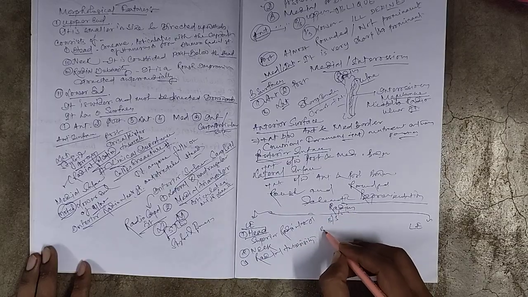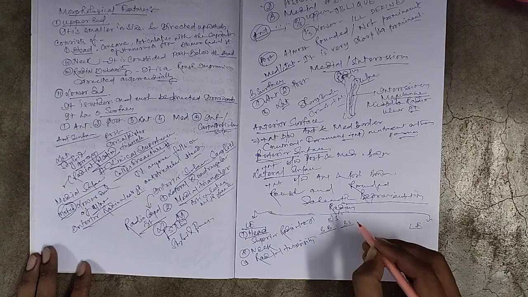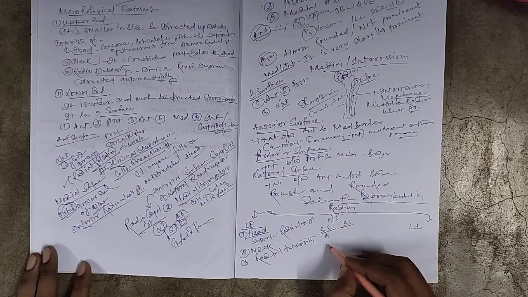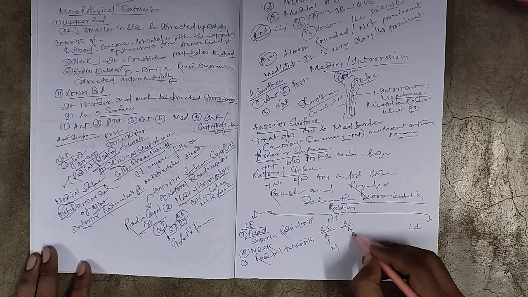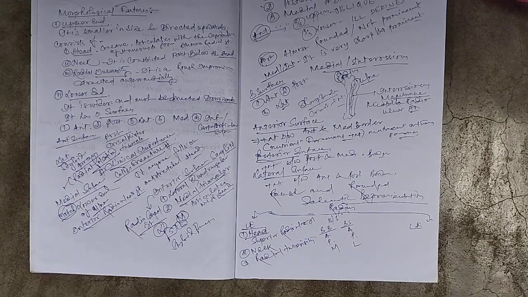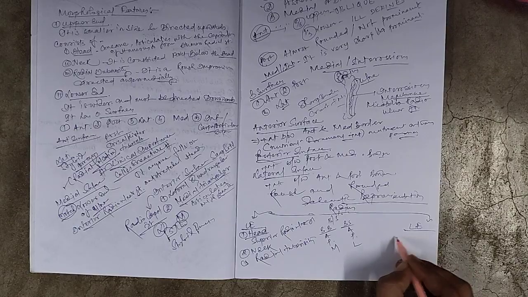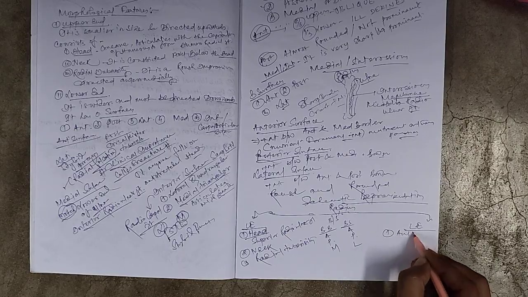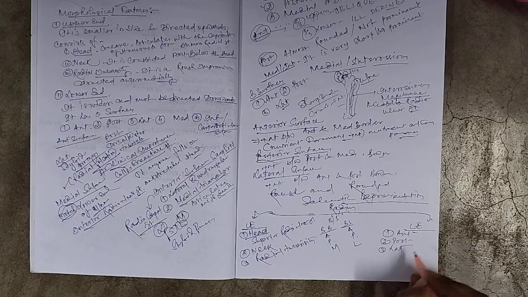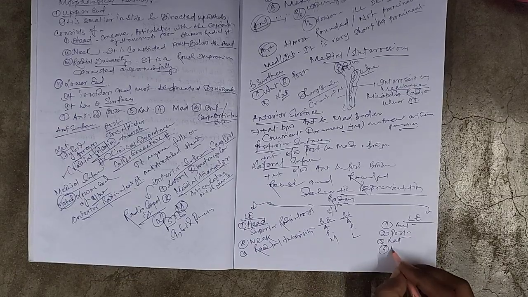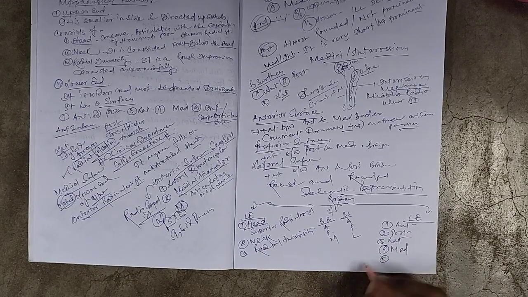Then body or shaft, three borders, three surfaces: anterior border, posterior border, medial border, anterior surface, posterior surface, lateral surface. Then we have discussed the lower end. Lower end has surfaces: anterior, posterior, lateral, medial, and lastly inferior.